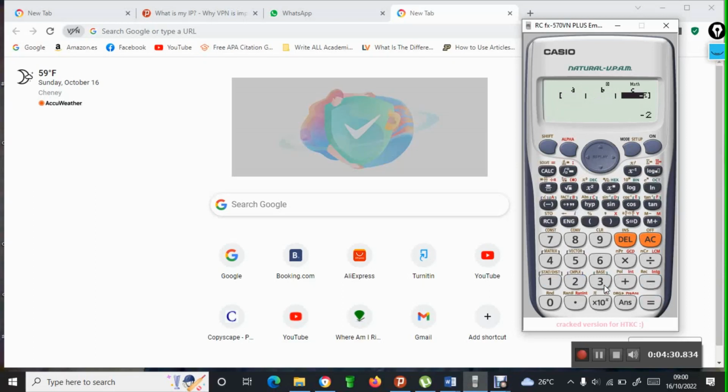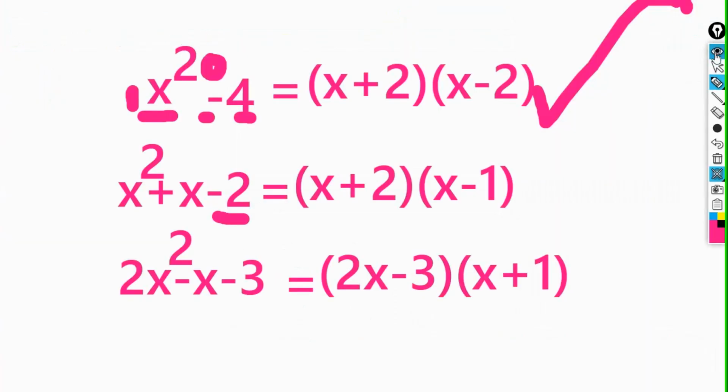Because these values have to be taken to the other side of the equal sign, it's going to be x minus 1, x plus 2. Yeah, x minus 1 and x plus 2.